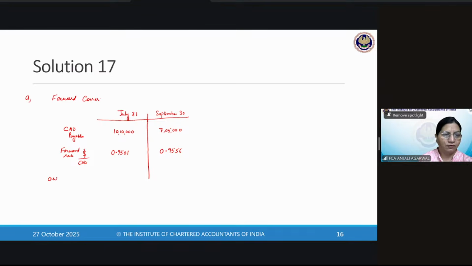So outflow in terms of dollar currency, simple calculation, 10 lakh 10,000 multiplied by 0.950 and 7 lakh 5,000 multiplied by 0.955.